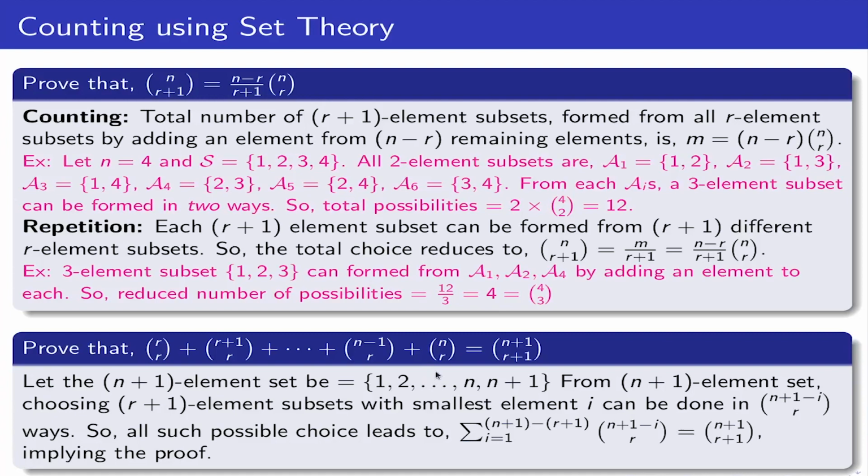So when you choose a minimum element, n plus 1 minus that minimum element is your choice area from where you need to choose R elements. So with the smallest element I, it can be done using (n plus 1 minus I) choose R ways. And you have to add by pivoting the smallest element in every place.